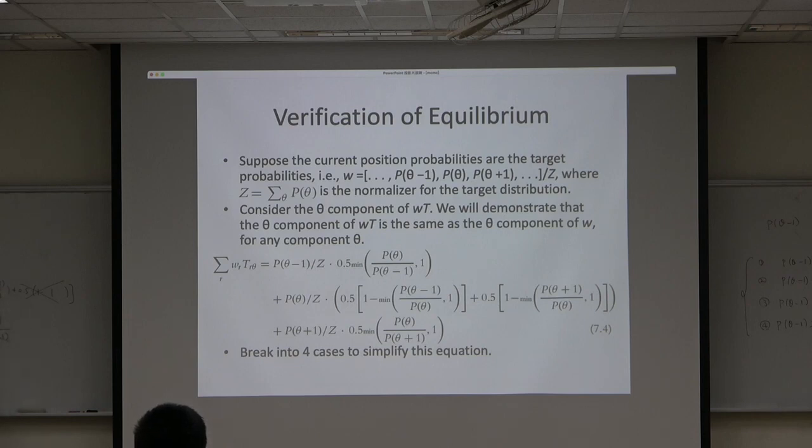Because everyone has a z as denominator and 0.5. Once you get these two out of the equation, the first one has a p theta minus 1.